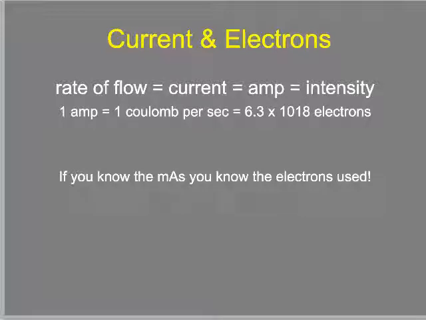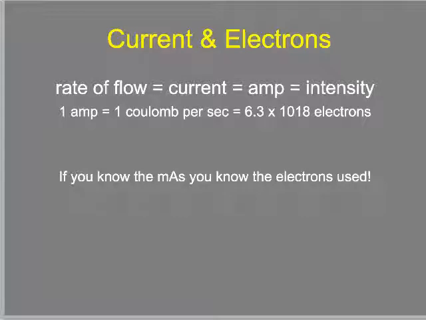Interestingly enough, we can relate this back to the Coulomb, right? Which I said earlier was that electrostatic measurement. And so in this case, 1 amp equals 1 Coulomb per second, which equals 6.3 times 10 to the 18 electrons.